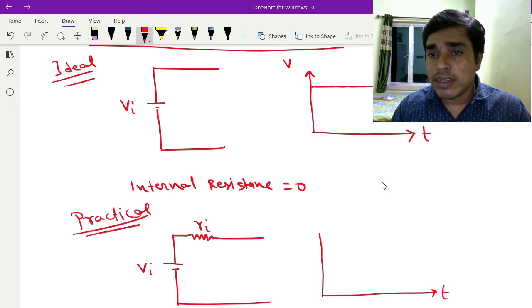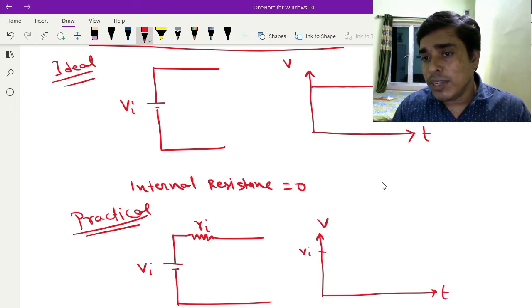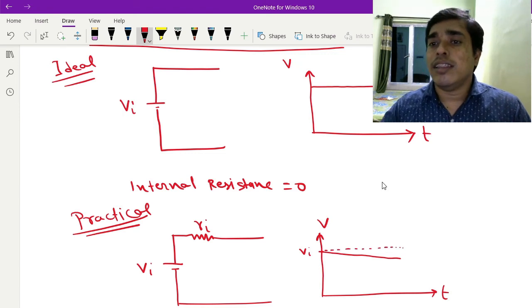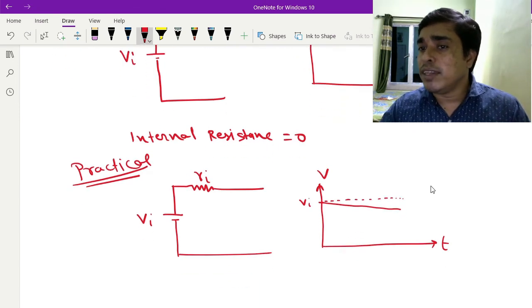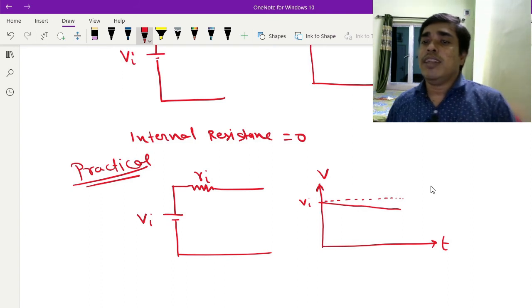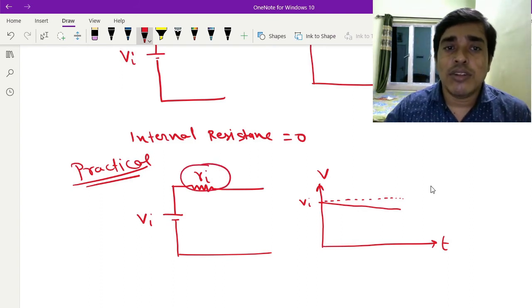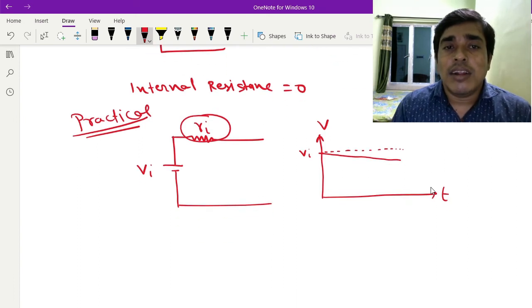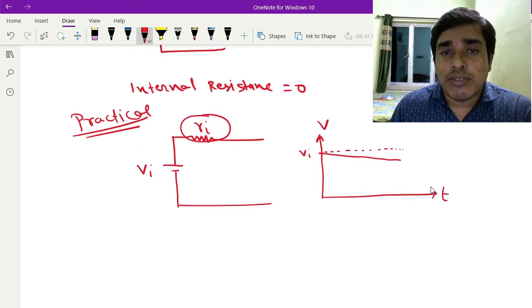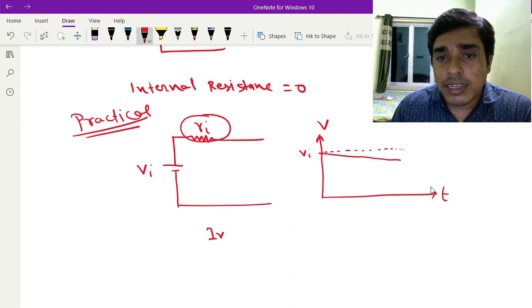This is time, this is V. Vi will be less compared to the first time. When time increases, the voltage will definitely decrease because of the internal resistance. So a practical independent energy source has internal resistance.